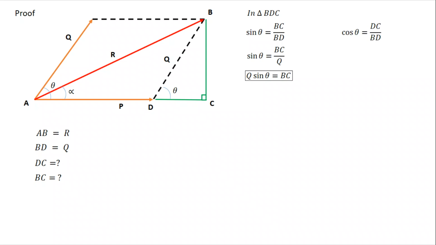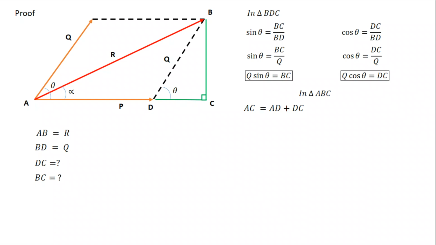Then cos theta is equal to the adjacent side DC divided by the hypotenuse BD. So the hypotenuse is Q here, and multiplying this Q with cos theta, we get DC is Q cos theta. So once BC and DC are known, then go for triangle ABC.